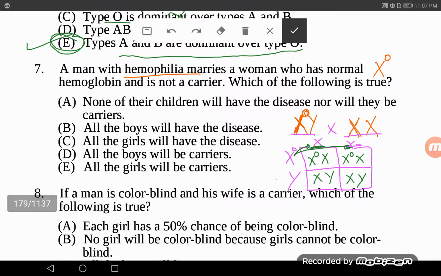So here, the female will be a carrier, just a carrier of that disease, not showing any symptom, just carrying the disease.